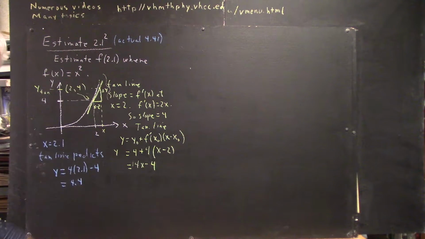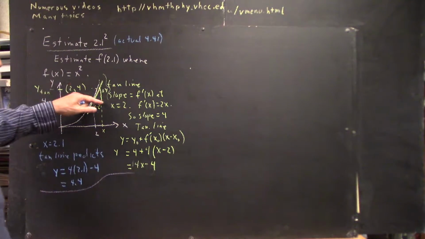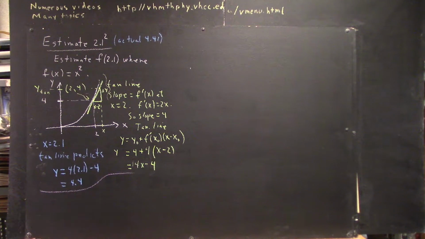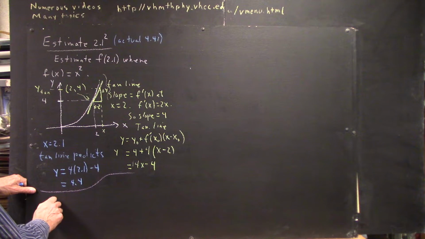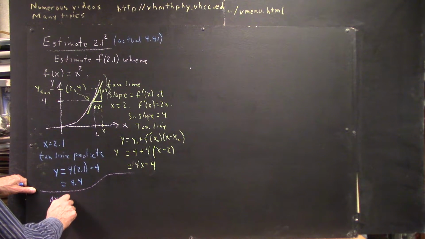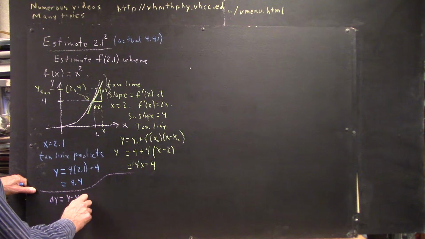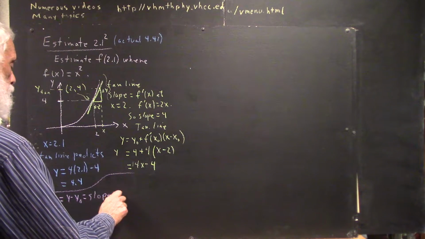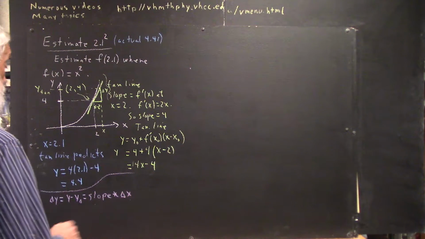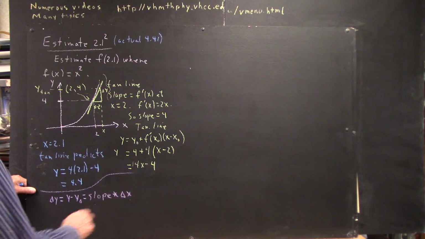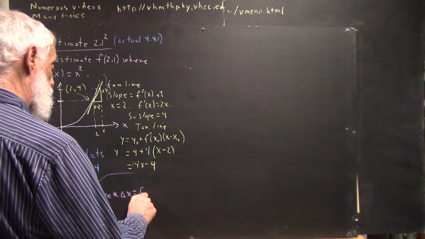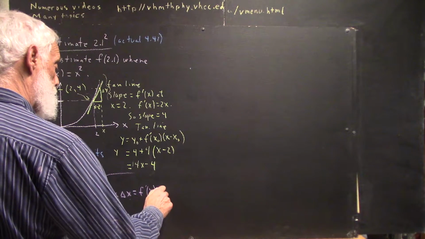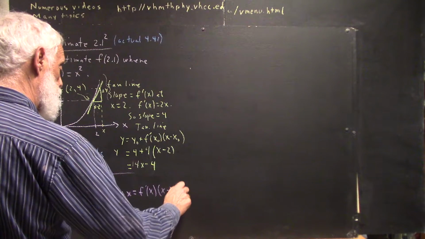Now another way to look at this situation, and maybe think about how it's related to the equation of the tangent line, is just to calculate the change in the value of the function. So what's delta y? Of course that's y minus y naught, and it's also equal to slope times delta x, slope times run, because slope equals rise divided by run, which equals f prime of x naught times delta x, where delta x is x minus x naught.